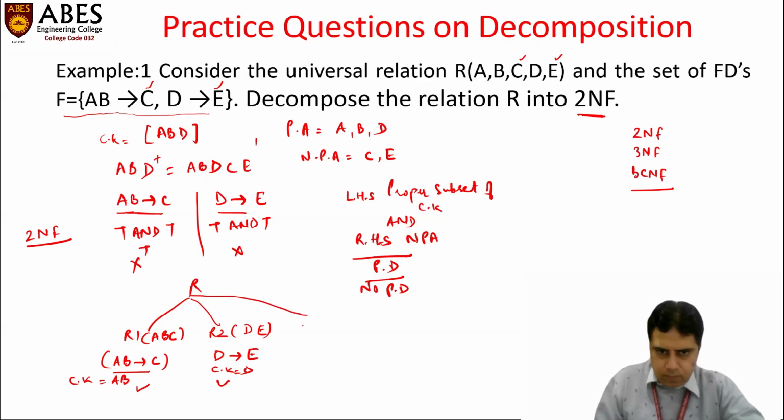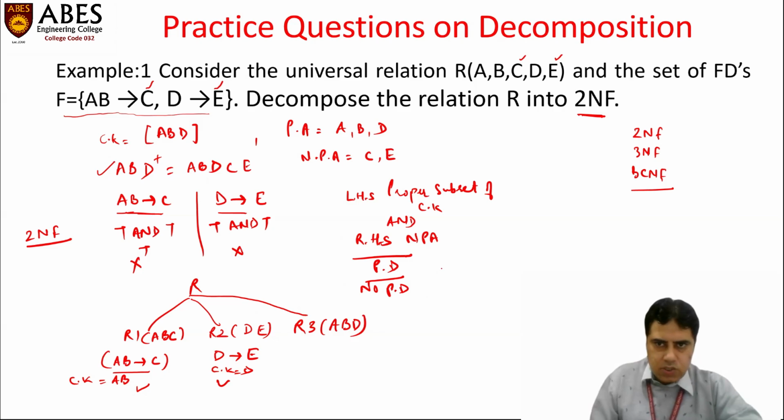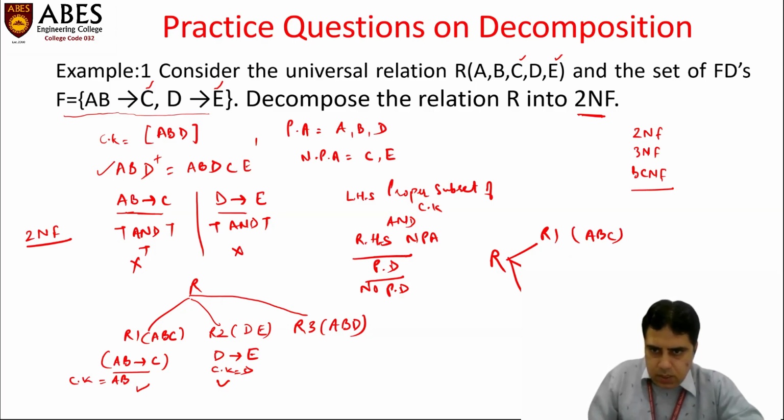In the last, we have to create one more table or relation of the candidate key, which is A, B, D. Now the decomposition of relation R up to 2NF is R1, R2, and R3. Attributes of R1 are A, B, C, R2 is D, E, and in the last, R3 is A, B, D.